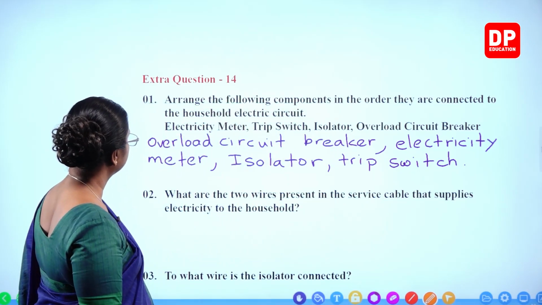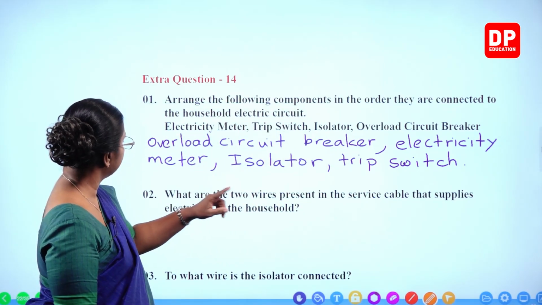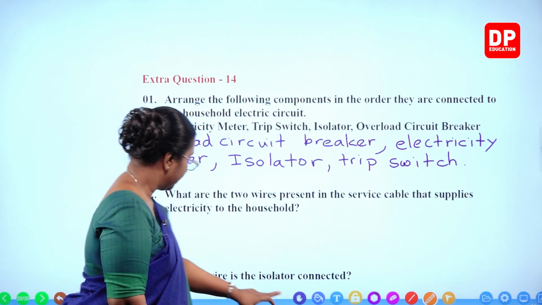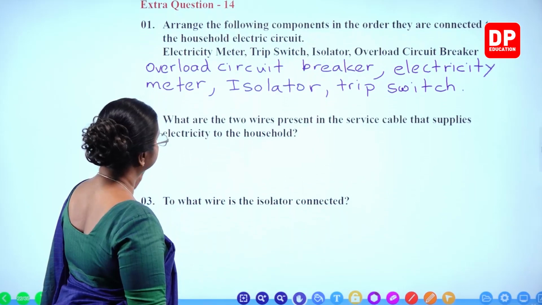That is the order: overload circuit breaker, electricity meter, isolator and trip switch. Then the next question.